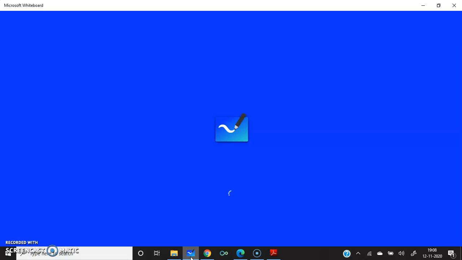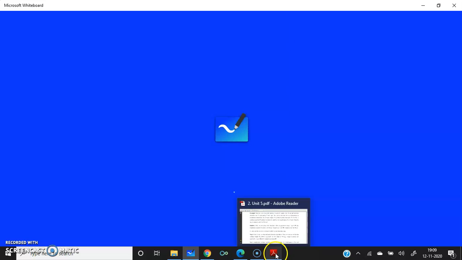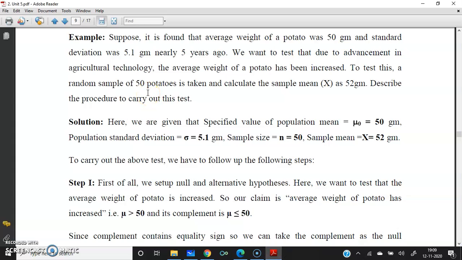The sample size is n equal to 50, because the sample taken is 50 potatoes, and the sample mean x bar is equal to 52 grams. So these are the details given to us.